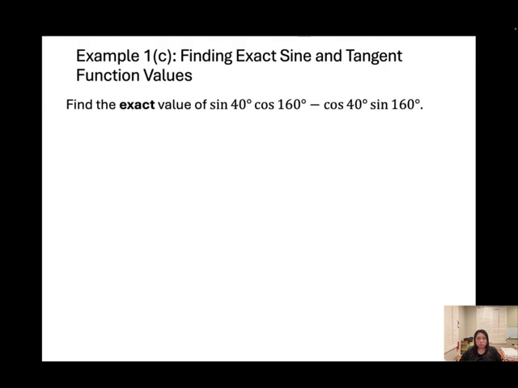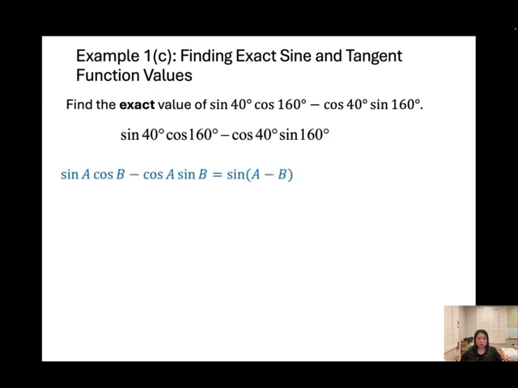Okay, find the exact value of sine 40 degrees cosine 160 degrees minus cosine 40 sine 160 degrees. Look at this guy. Is it really similar to one of the sum or difference identities for cosine or sine? Remember this formula, right?